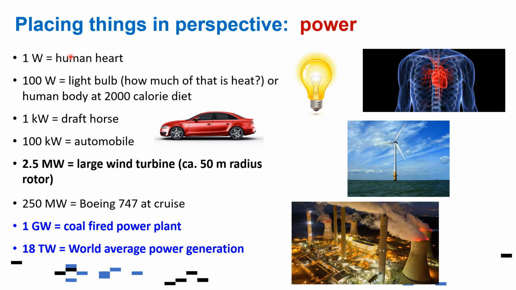So if you divide 18 terawatts by 1 watt, we are experiencing a large number of human hearts' power production needed to produce the same amount for the whole world. So we can see from this example the magnitude of different values of power.